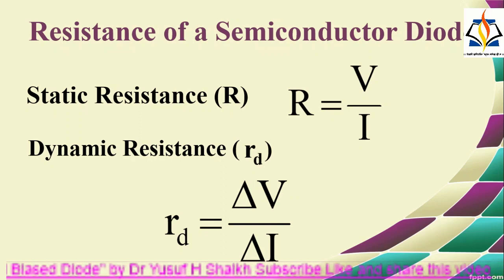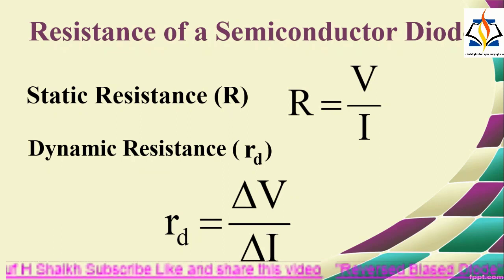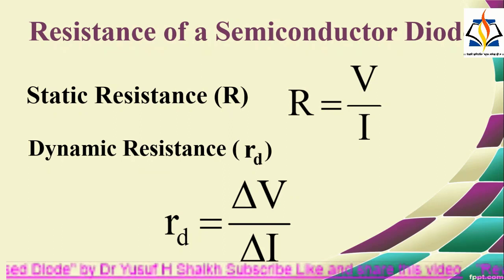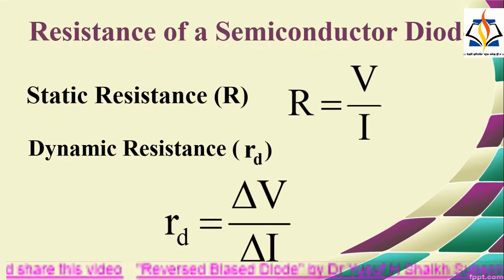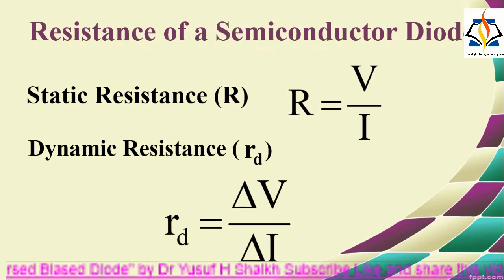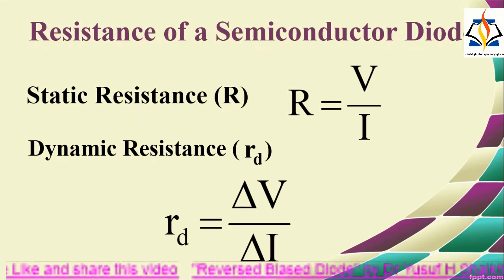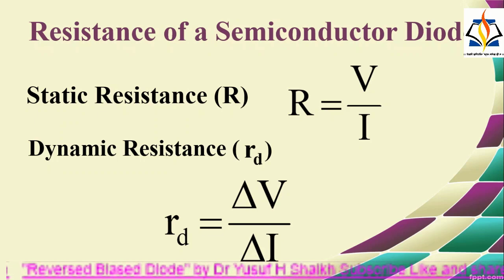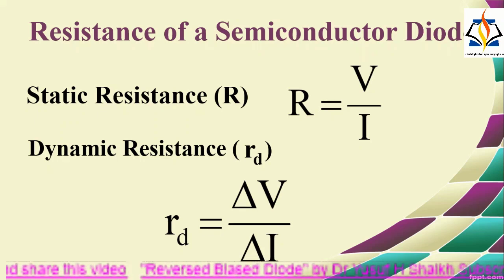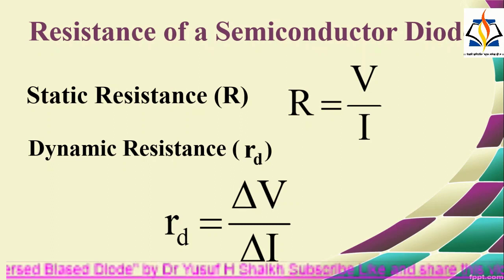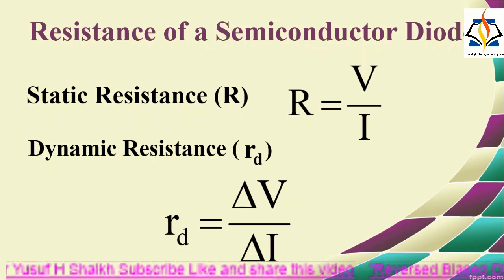Now, the second type of resistance, dynamic resistance, RD. The dynamic resistance of a junction diode is defined as the ratio of small change in applied voltage to the small change in current produced. It is also called the AC resistance of the PN junction diode and is denoted by RD.